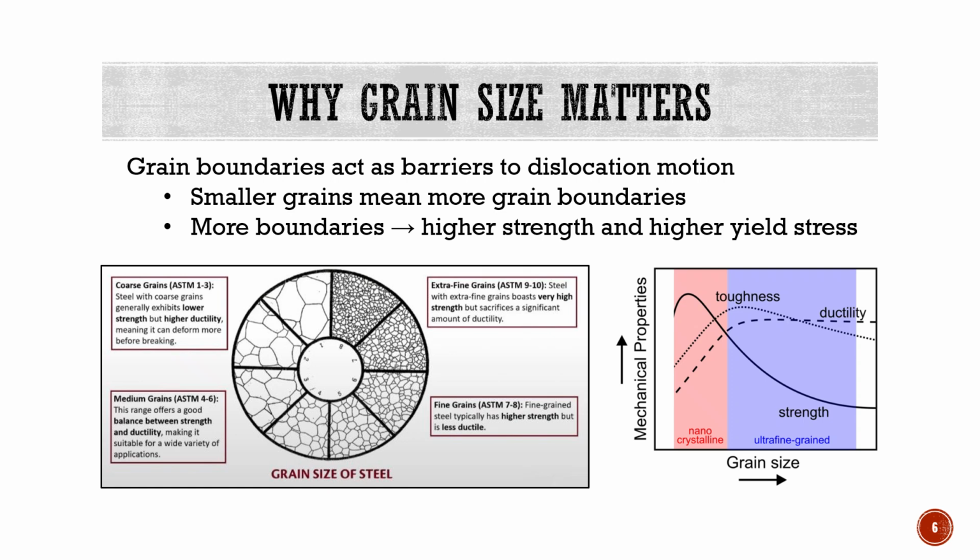In contrast, fine-grained materials force dislocations to stop, pile up, and change direction frequently. This makes plastic deformation more difficult, increases yield strength, and improves resistance to permanent shape change. This is why reducing grain size leads to stronger material.